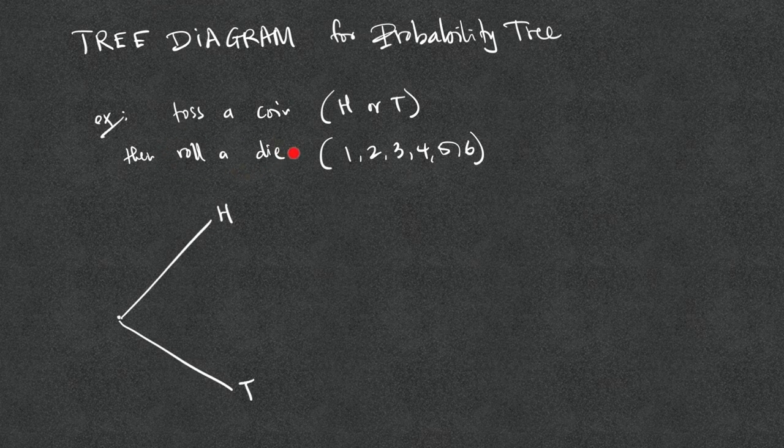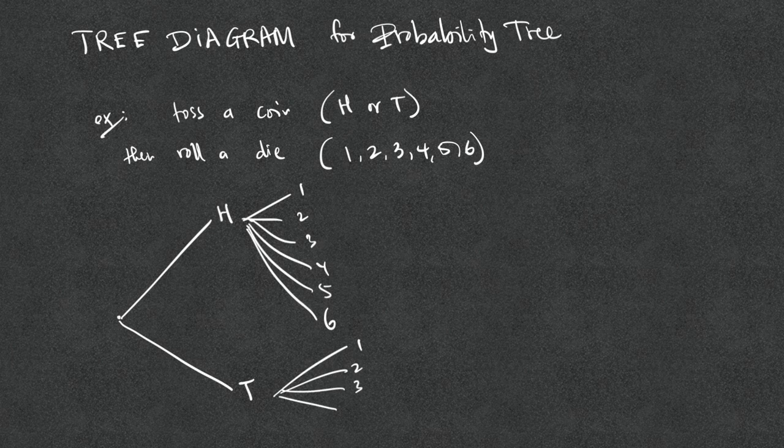For the second event, rolling a die, there are 6 outcomes, and so we would draw 6 branches starting from head and 6 branches starting from tail. And so we would have 1, 2, 3, 4, 5, 6, and similarly 1, 2, 3, 4, 5, 6. This is a typical tree diagram.